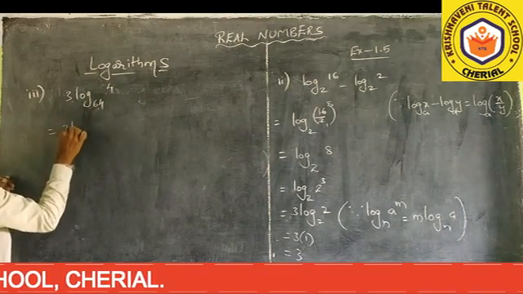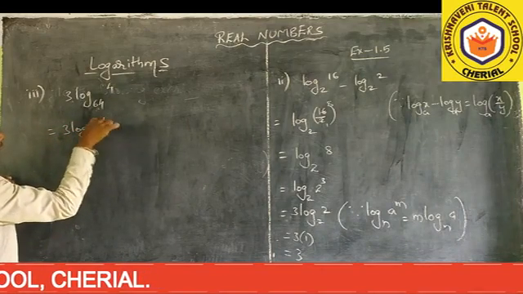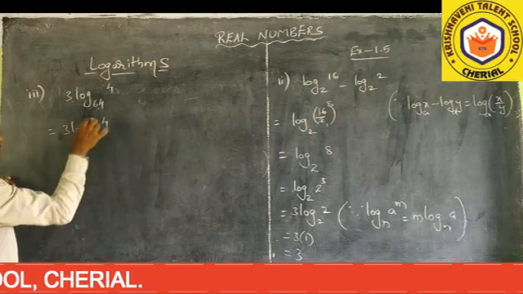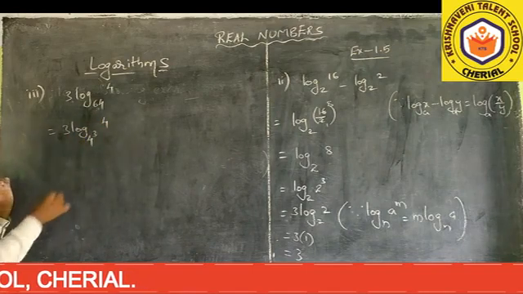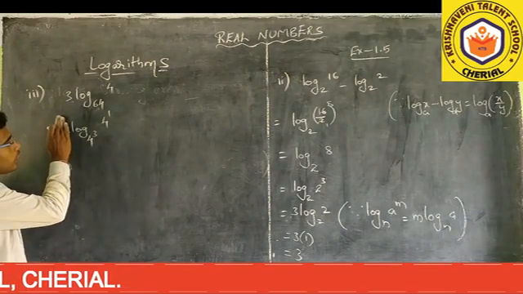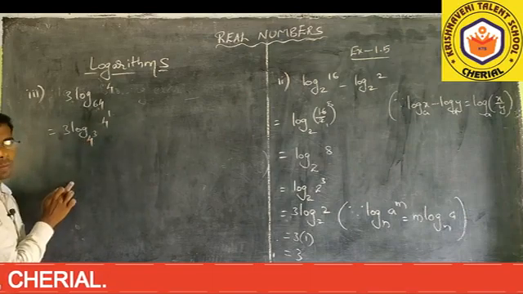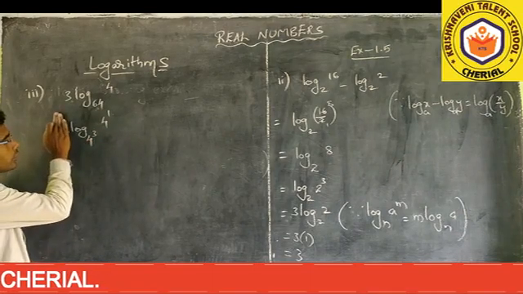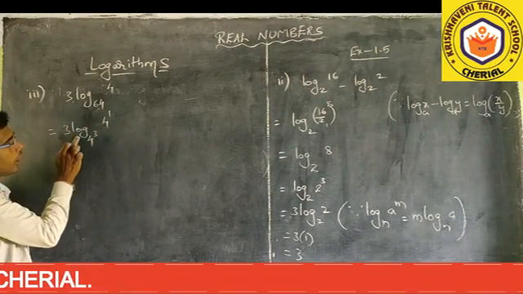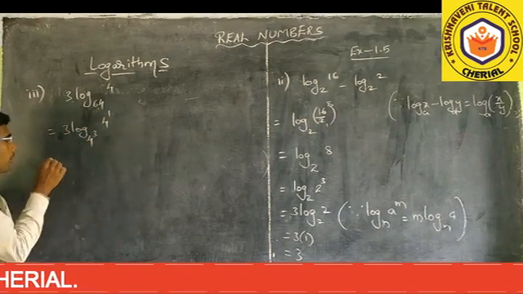So 3 log 4 to the base 4 cube. 4 you can write as 4 to the power of 1. Now keep the 3 aside. Log a to the power of m to the base b to the power of n, that is the 4th law. How can we write it now?